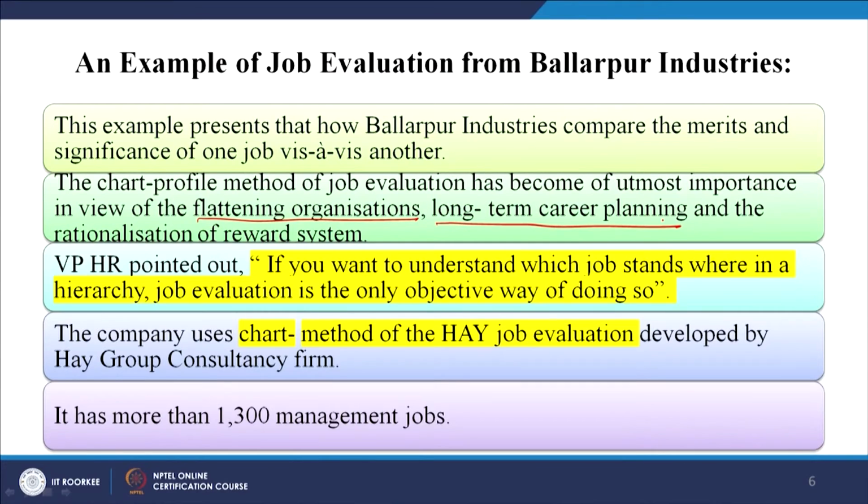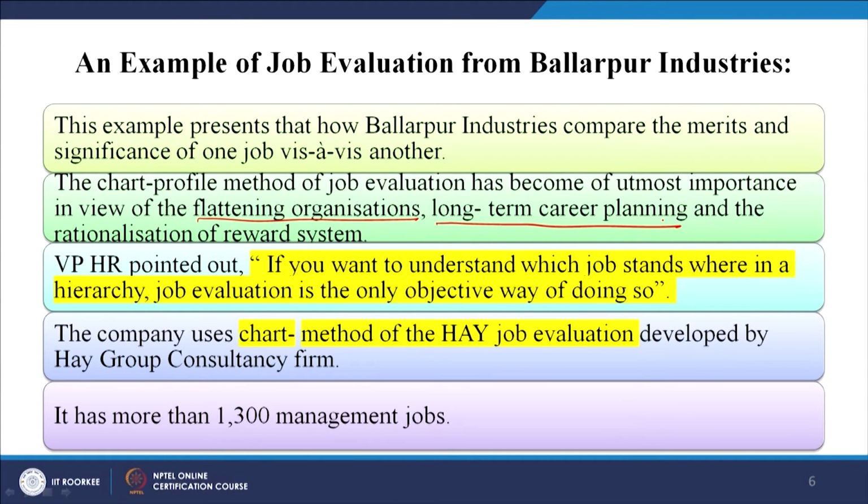So job evaluation is the only key, the way of doing so, and you will understand where this particular job stands.